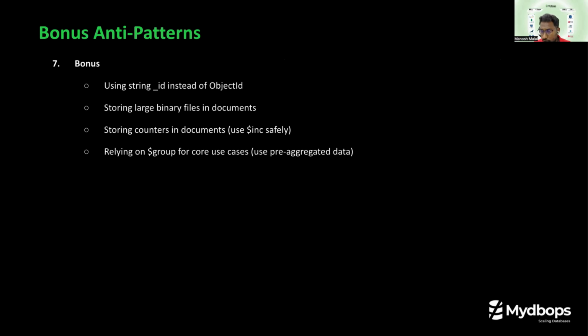And putting binary information into the MongoDB document is also not recommended. And storing counters in a document: here is how you handle it. Instead of having a counter like 1, 2, 3 and updating it, you can use the increment operator to increase the counter.